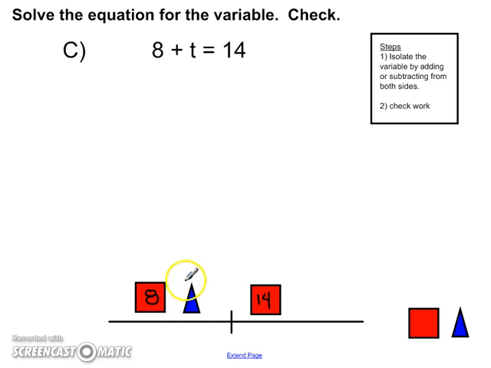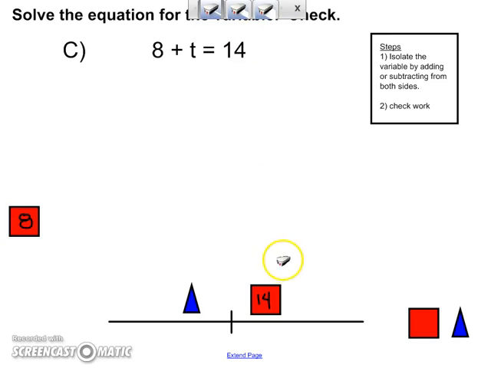Well, do I have x's on both sides to remove? The answer is no. So I would then go to the next step and remove 8 from both sides. Okay, and very literally, if you had the hands-on equations, you would take this off and put it somewhere else. And then over here, you would go 14 minus that 8 that you took away is 6. So we found out here that t is equal to 6.